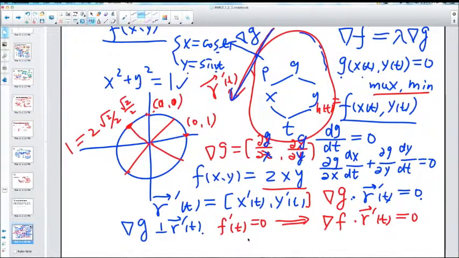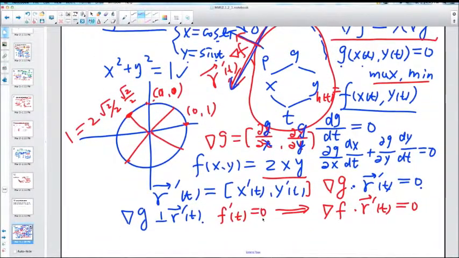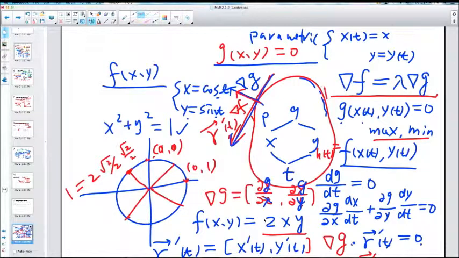So what I'm saying is, this gradient at the point also needs to be perpendicular to the tangent line. If two vectors both need to be perpendicular to the tangent line, these two have no other choice but to be parallel. And they only differ by a constant lambda.